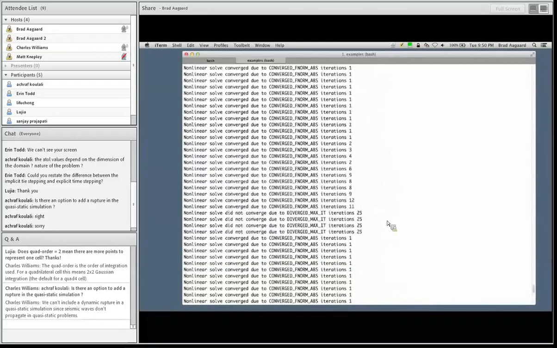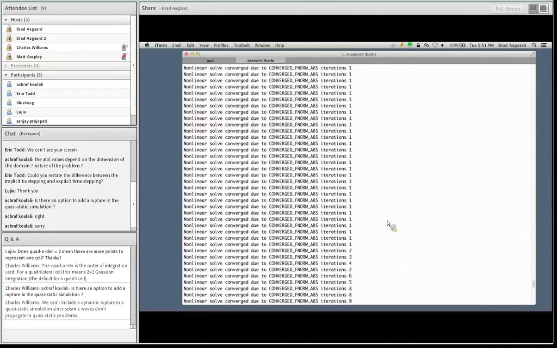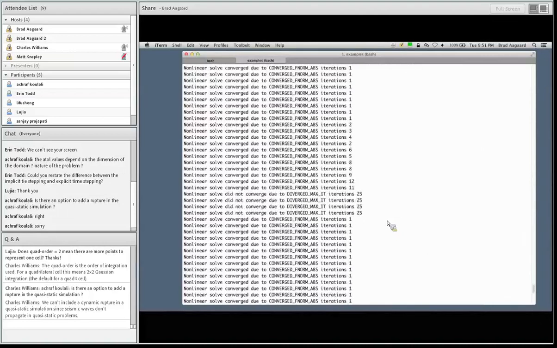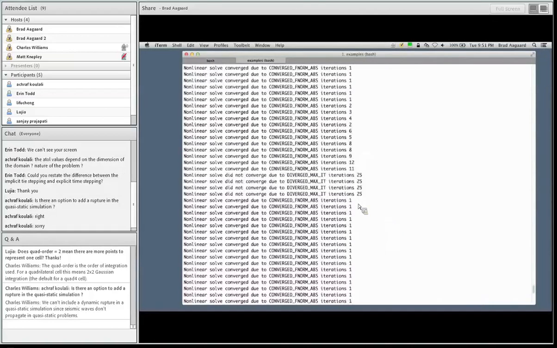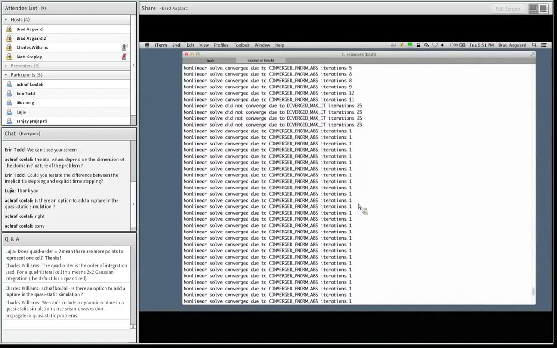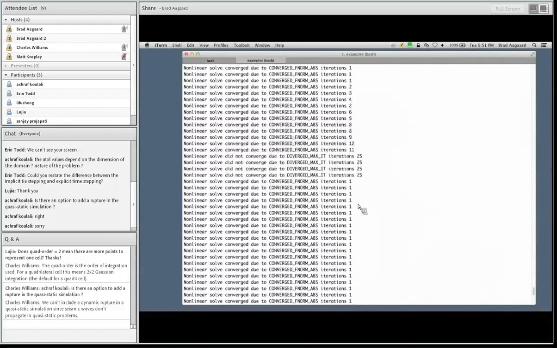Oh, diverged, max iterations. So it did go back to converging, but once we diverge to the max iterations, we could easily be just generating heat.